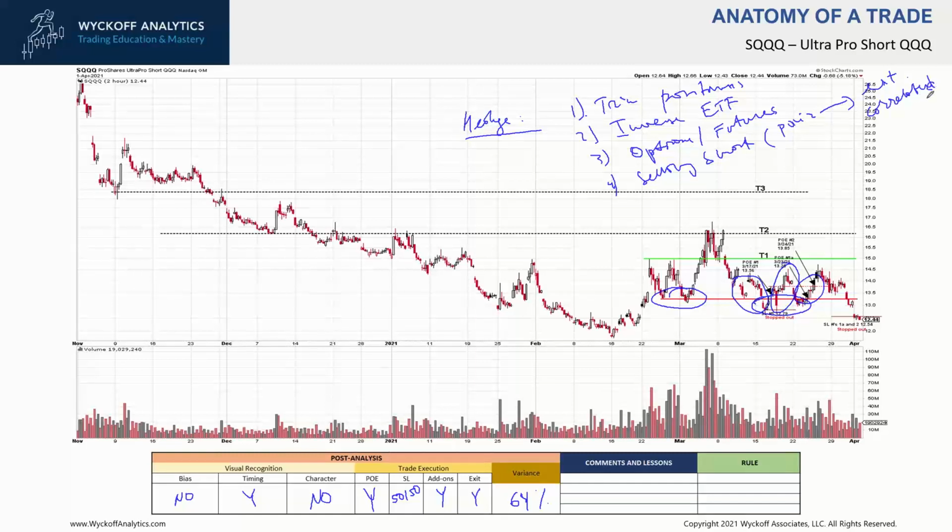For instance, if you have NVIDIA in your portfolio, you need to find a semiconductor stock which is weaker. If we're holding NVIDIA, then short that.